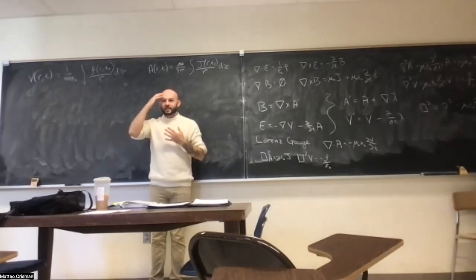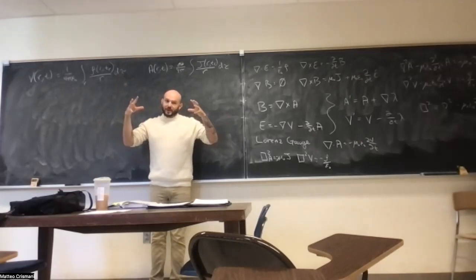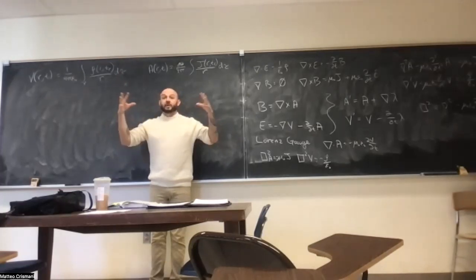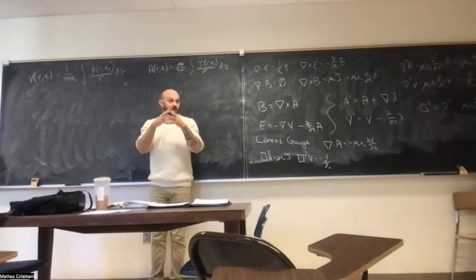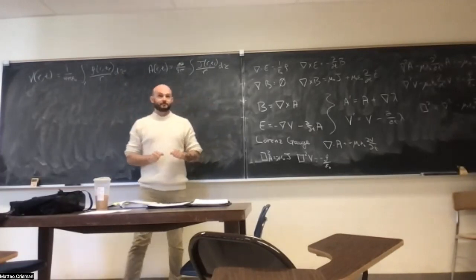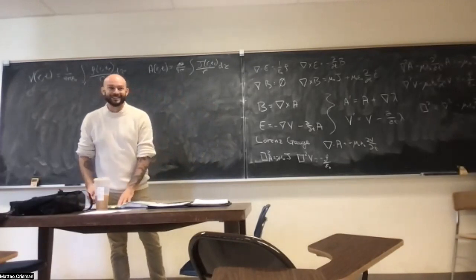Okay, so I'm thinking to myself, well, maybe I can generate light by taking these charges and filling up some space and then collapsing it back down. Because now I have some time varying E, right? Maybe that creates light. Does that seem reasonable? It seems totally reasonable, right? Not possible.